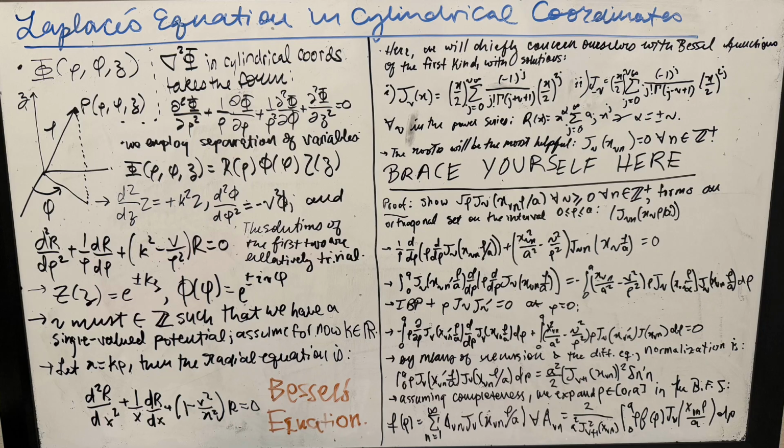I also wanted to point out that we can find that orthogonality condition. We can find that orthogonality condition by multiplying both sides by some orthogonal Bessel function, because they constitute that same sort of basis set that we've been discussing in previous instances, namely the iteration in the spherical coordinate case.